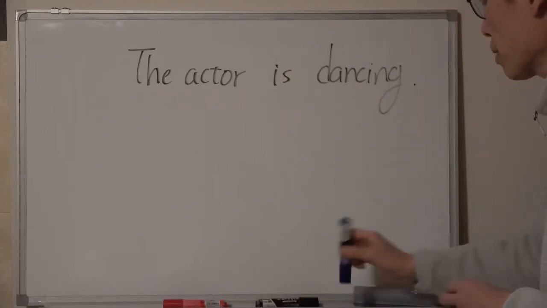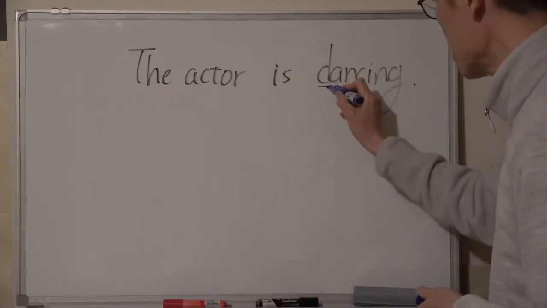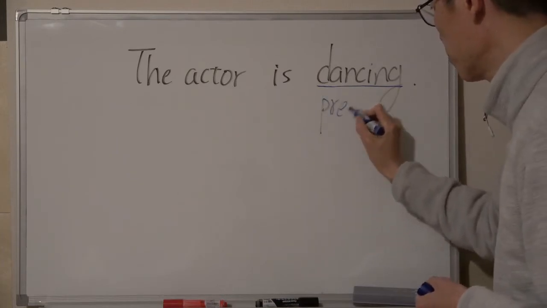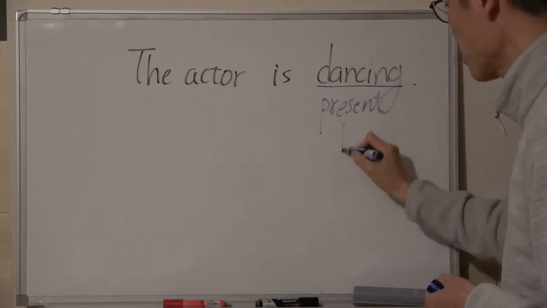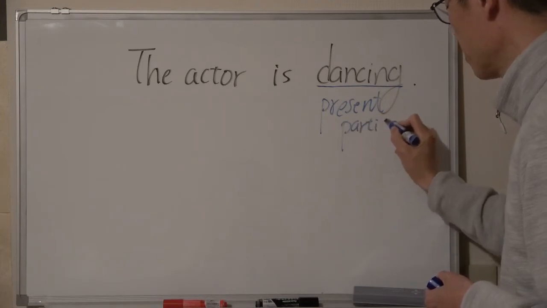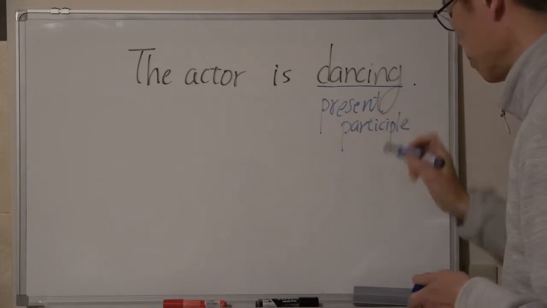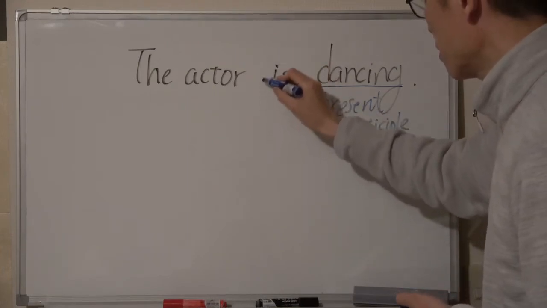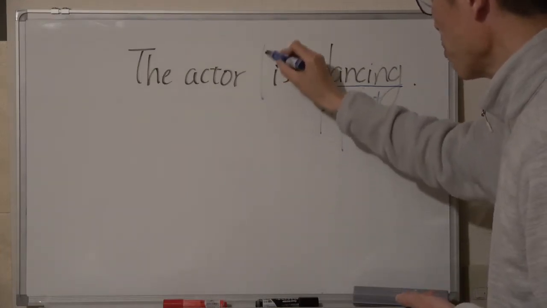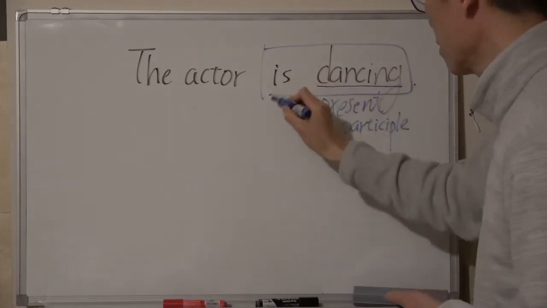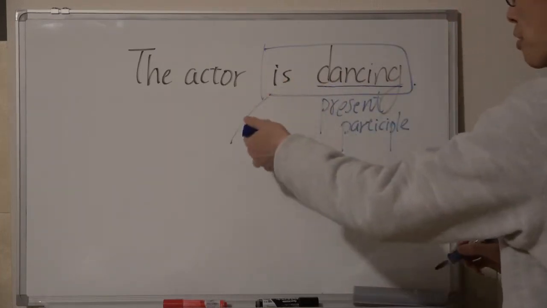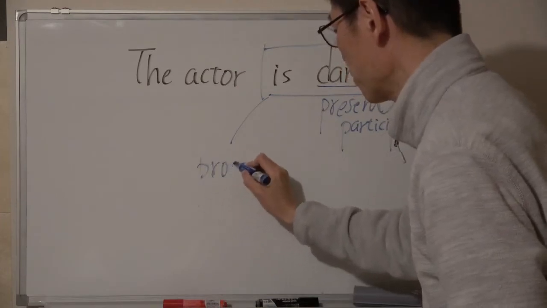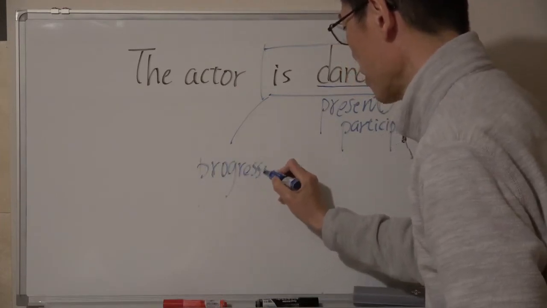Now, this is the present participle. And is dancing, this part, the combination of is and dancing, this is progressive aspect. Okay?